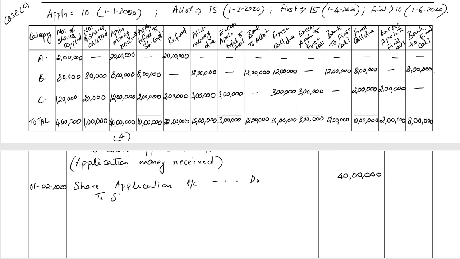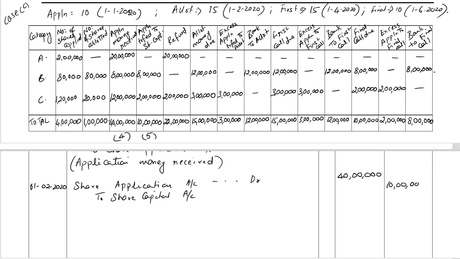To share capital. Amount of application money transferred to share capital is the amount of the fifth column, 10 lakh rupees. To share allotment account.